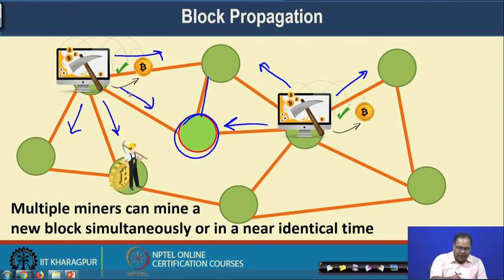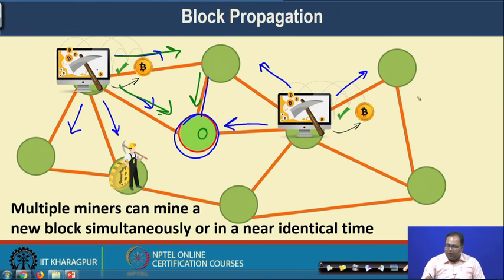So, if this copy of the blockchain goes from here to here, and then comes in this particular link, that means this block has been received by this node from 2 peers, whereas this blue block has been received from 1 peer. So, this node will accept this brown block, and it will broadcast this brown block further.